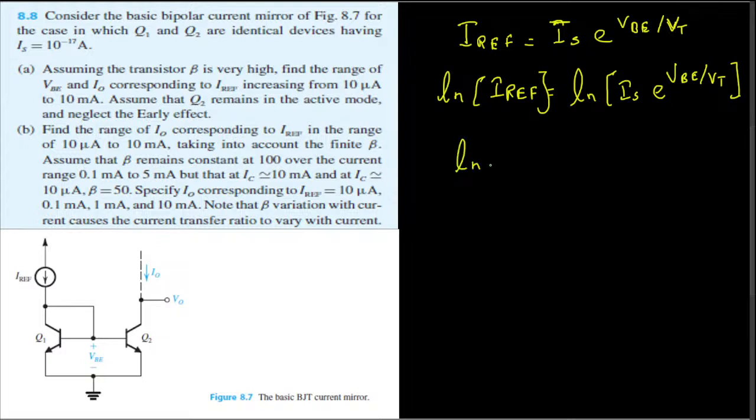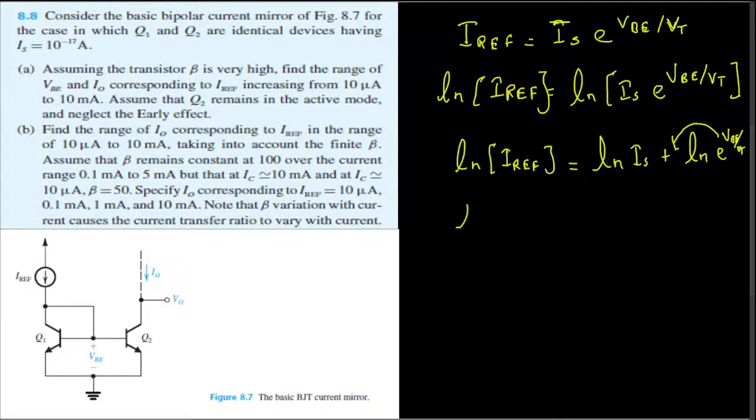So ln I reference is equal to ln IS plus ln e power VBE over VT. Here ln and e cancel each other. Well, we cannot just say cancel; what we can do is bring this to the front.